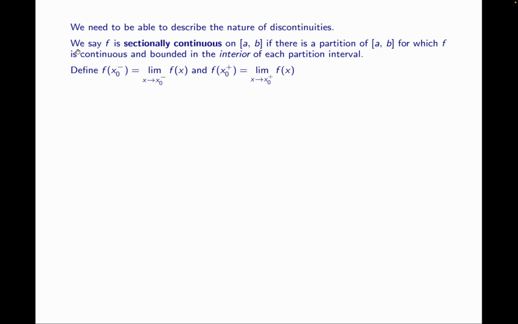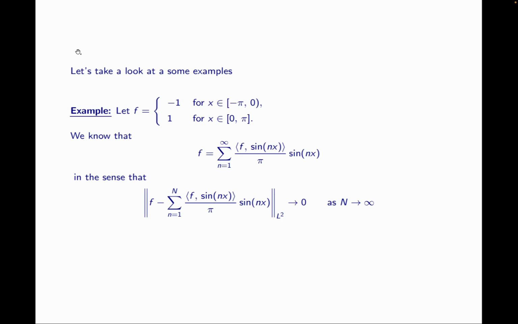Furthermore, we're going to say f of x naught negative is the limit as x approaches x naught from the left of f, and f of x naught positive is the limit as x approaches x naught from the right. So in our previous example, f of 0 negative is negative 1 and f of 0 positive is 1.